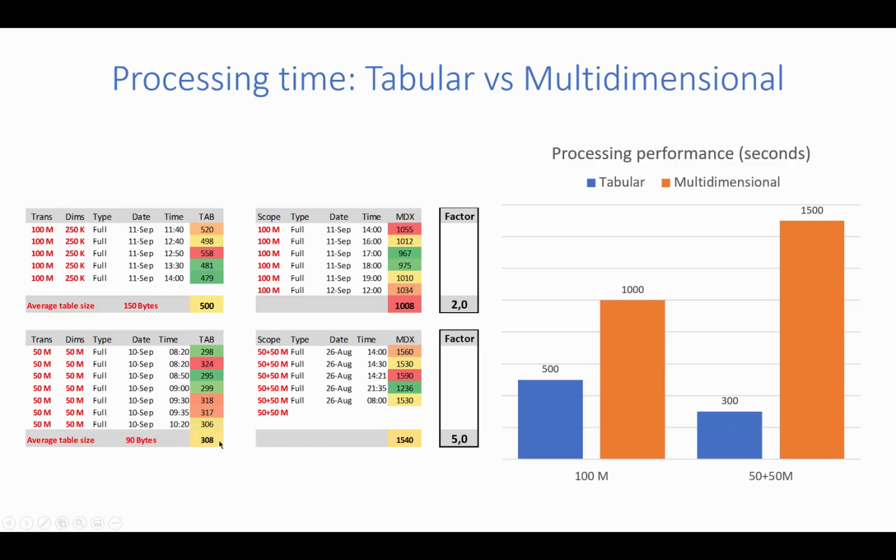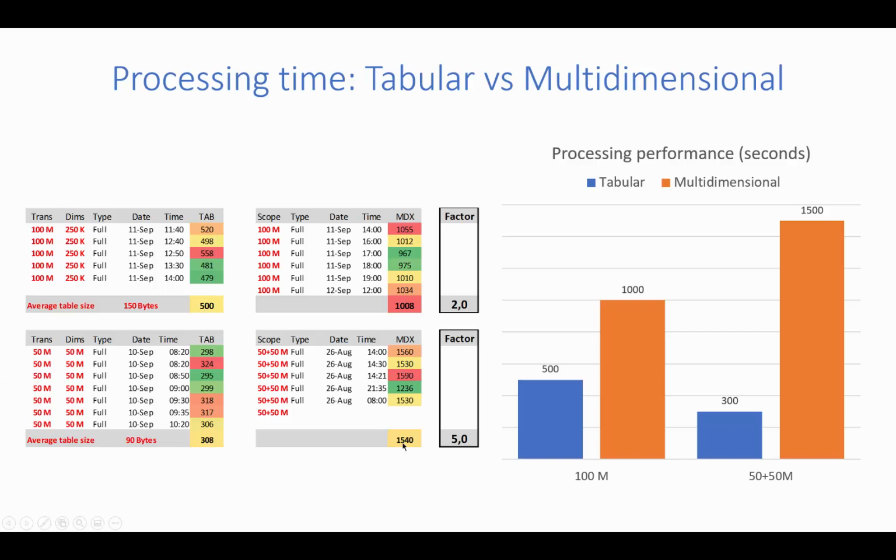However, the processing changes a lot. Now, tabular has to process less data and can manage well these distinct requests that it's reading the values from, and it takes 300 seconds to process the 100 million.